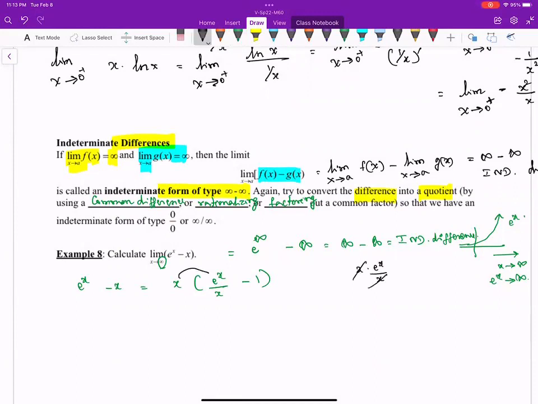It is e to the x. What is x times negative 1? That is negative x. So it is actually e to the x minus x. So I'm writing the given problem in the following manner: x times (e to the x over x minus 1). Now we have to apply the limit.